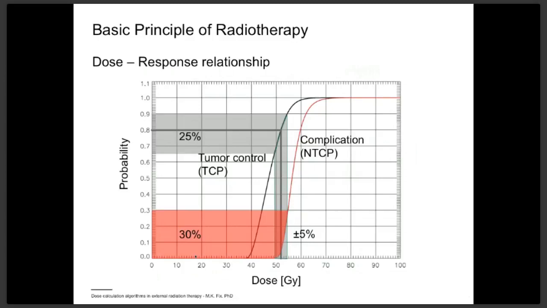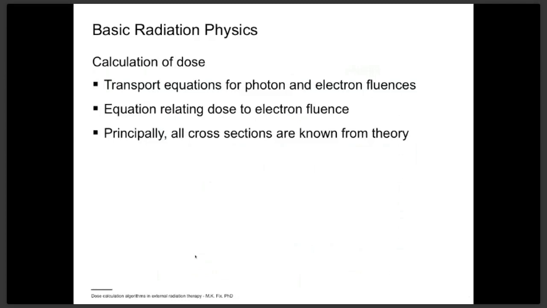So after covering now the basic principle in radiotherapy in terms of accuracy and in terms of basic physics quantities we should take into account in the dose calculation algorithms, we can proceed in saying how actually can we calculate the dose. And in principle, we can say that the transport equations for photon and electron fluences are known, that the relation of dose to electron fluence is given, because principally all cross-sections are known from theory.